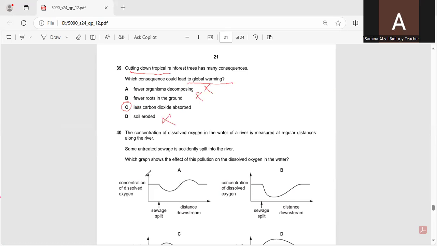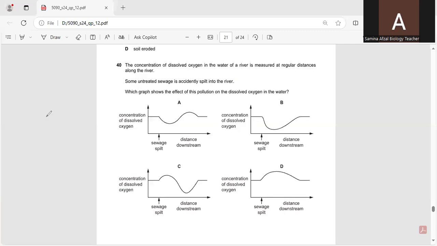Now question number 40 and last question, in which four graphs have been shown. The concentration of dissolved oxygen in the water of a river is measured at regular distances along the river. Some untreated sewage is accidentally spilled into the river.